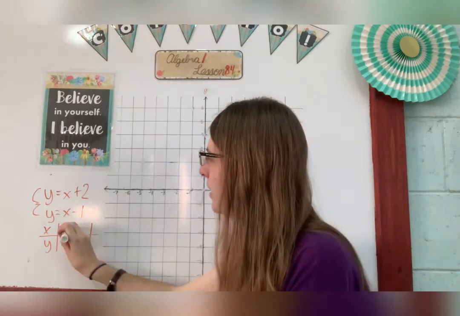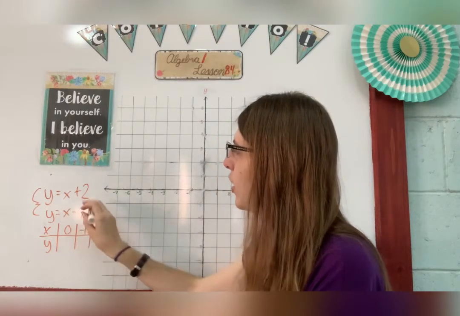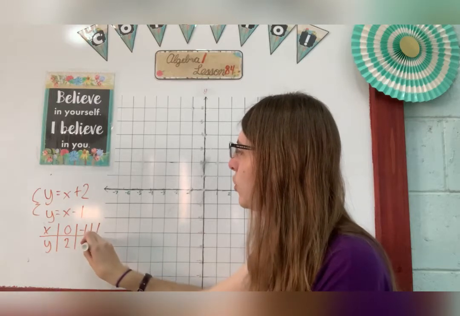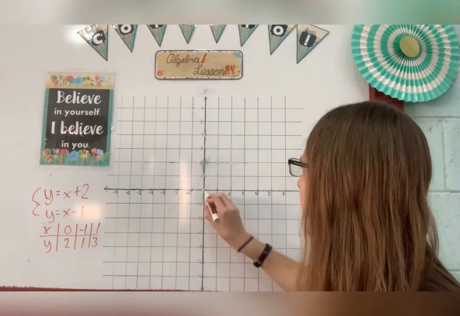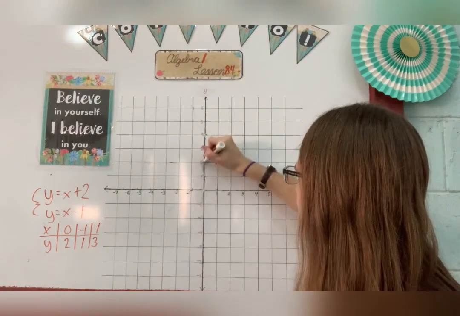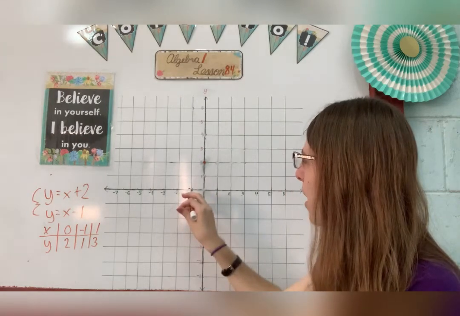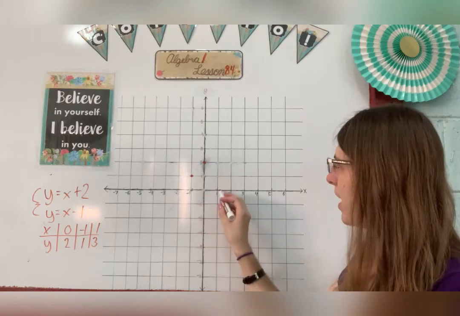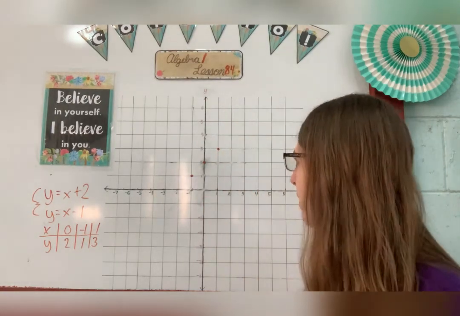If I say 0, negative 1, and 1 again. 0 plus 2 is 2, negative 1 plus 2 is 1, 1 plus 2 is 3. I'll plot that on my graph. 0, positive 2, negative 1x, positive 1y, and positive 1x, positive 3y. Okay, so that's my first line.